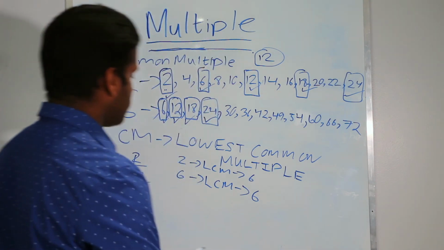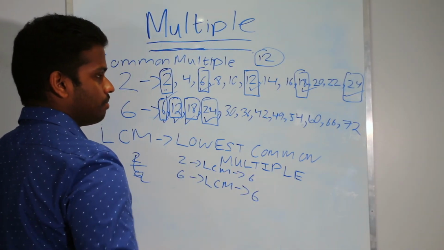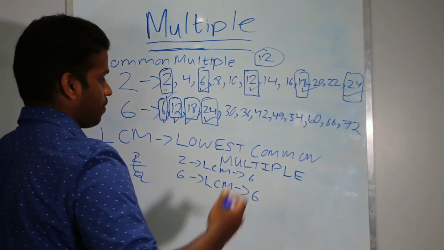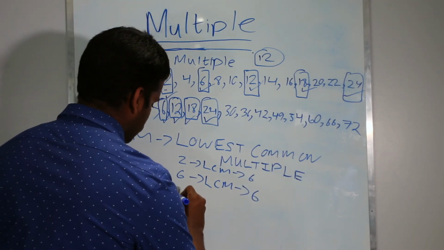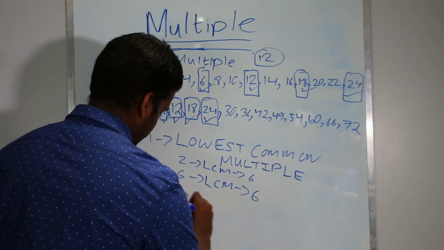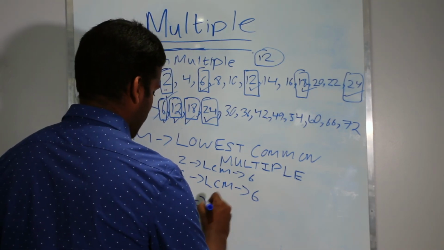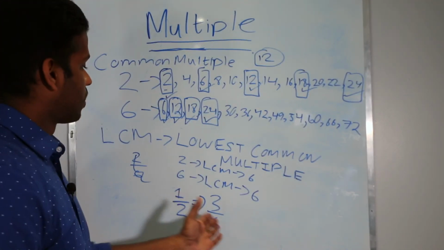So in certain cases, we have to find the lowest common multiple in order to find the sum of two fractions. And in the next video, where I explain equivalent fractions and simplifying, you will know that this and this are both the same.